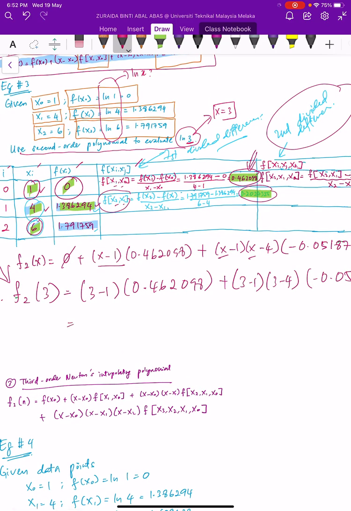Therefore, at the end, you will get 1.027942. This is the approximation for ln 3. Okay?